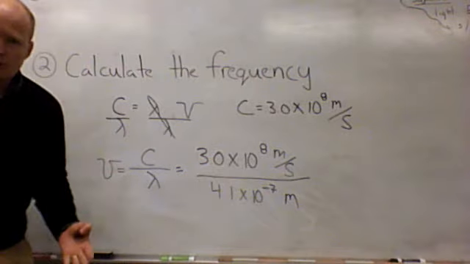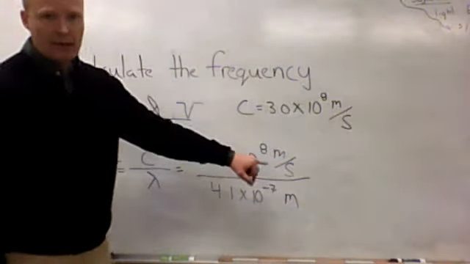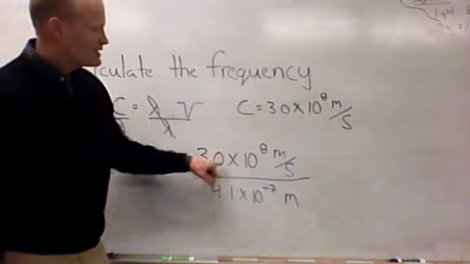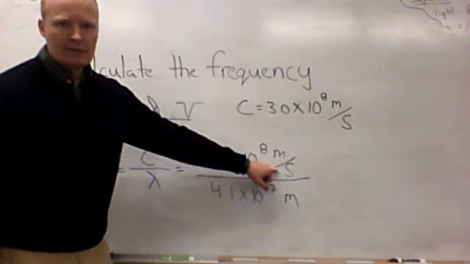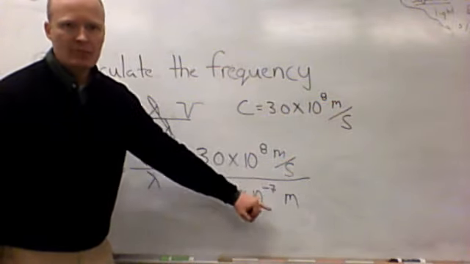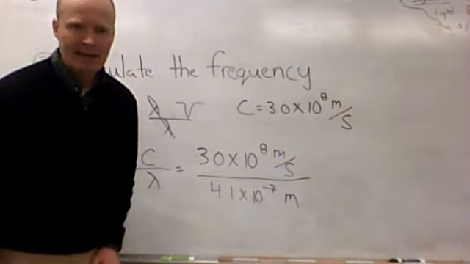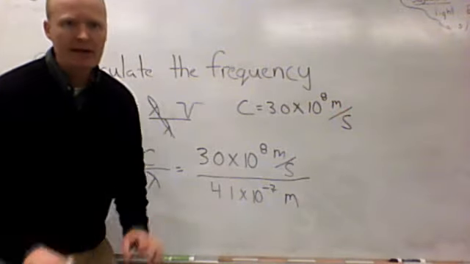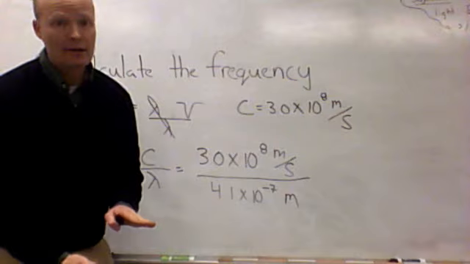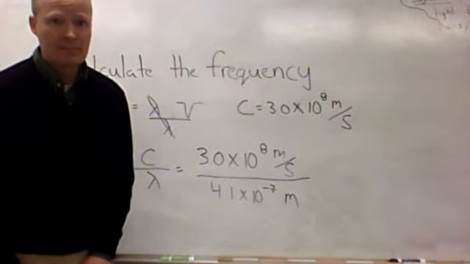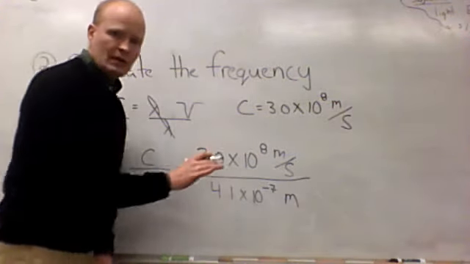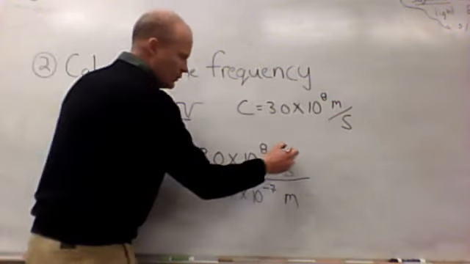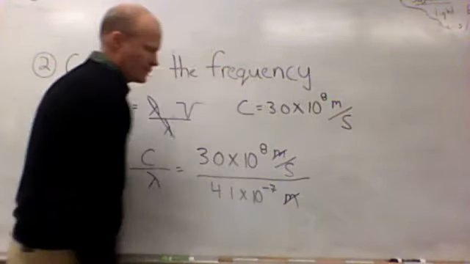The reason we had to do step 1 is to plug it into this equation. You'll notice that the speed of light is meters per second. Our wavelength has to be in meters as well in order to cancel that unit. We could not have left it in nanometers, otherwise it would not have canceled. So looking at units before we go to the numbers, we can cancel our meters.